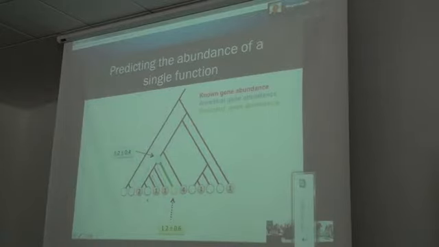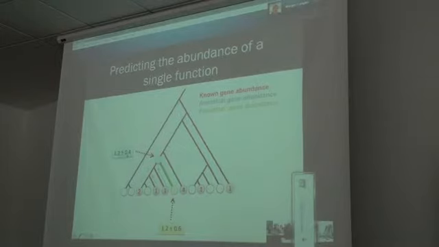And what PICRUSt does is it uses ancestral state reconstruction, and we tested a whole bunch of different methods to basically try to infer what the ancestor looked like based on these copy numbers. You can use something like maximum parsimony, and there are lots of different maximum likelihood models as well to model what this ancestral state looks like.